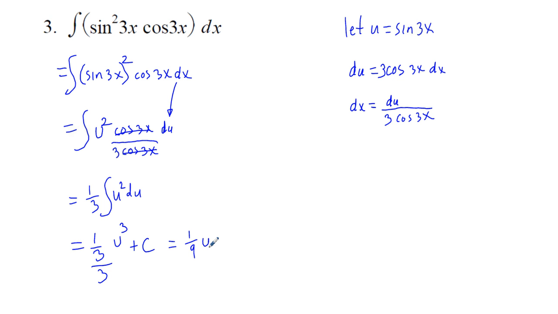So we have 1/9 u cubed plus c. And replacing u with what we let that equal to already, we have 1/9 sine, and we have to the 3rd power, so sine cubed 3x. And we have a constant of integration still, c. So that's what we have.